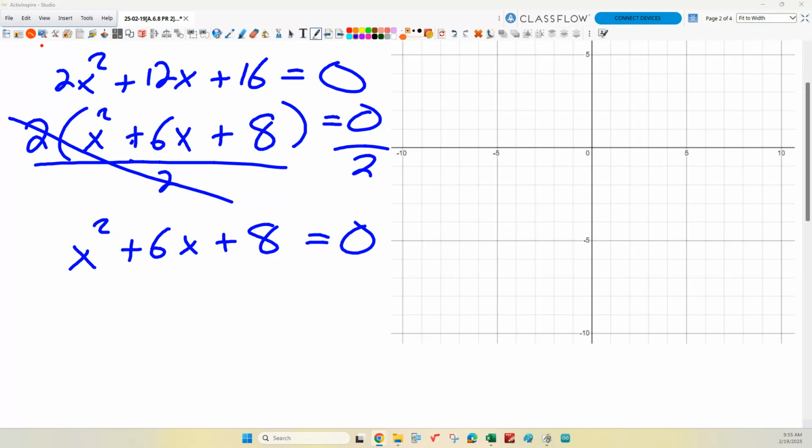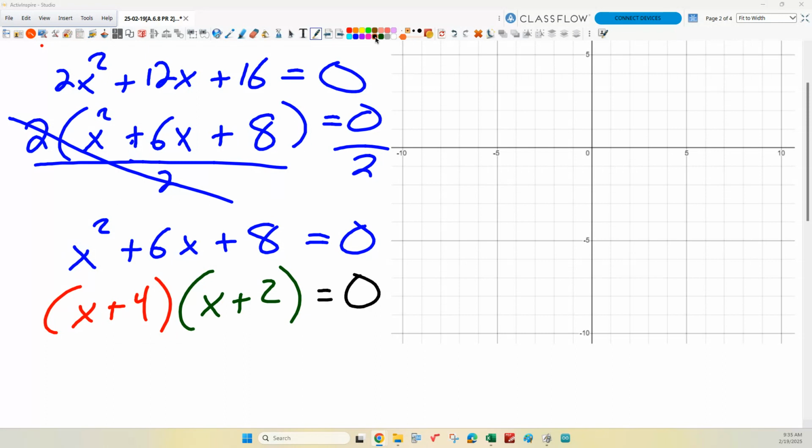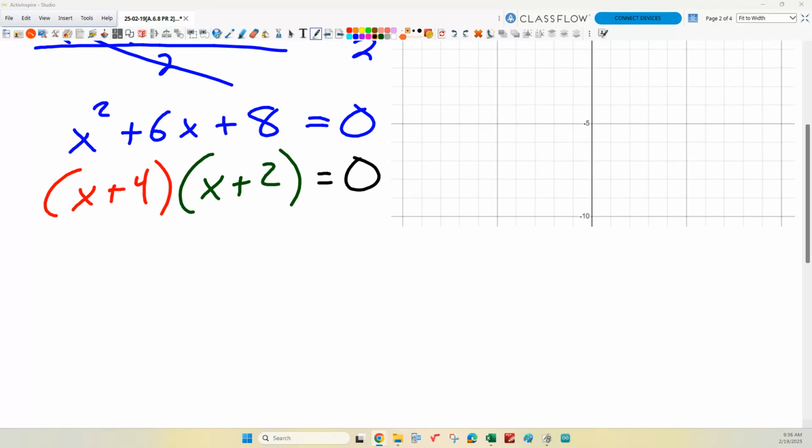So we break this up into x plus 4 times x plus 2 equals 0, right? And by the zero product property, what are my solutions? There you go.